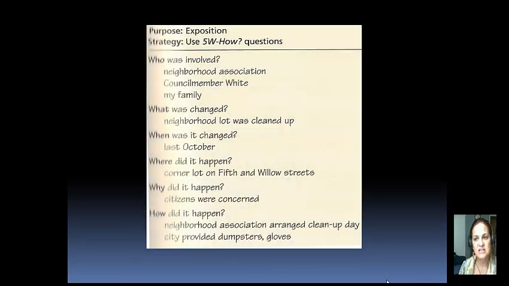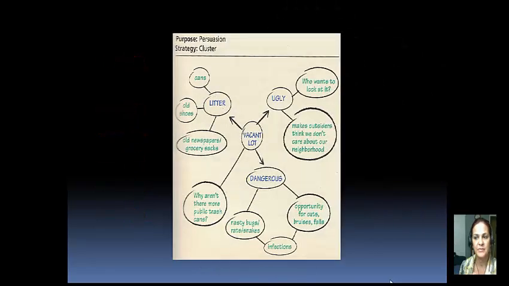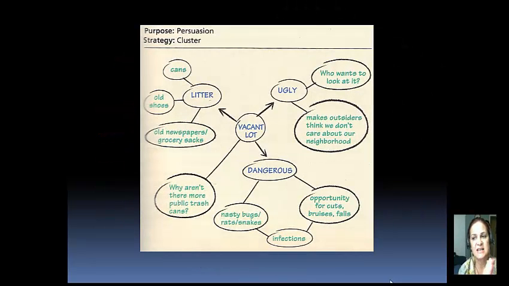The next strategy is the 5 W's and how strategy. So you ask questions for who, what, when, why, where, and how. The third strategy is a cluster strategy, and this one you're probably most familiar with. Notice in the middle we have vacant lot. The three main points related to the vacant lot are the litter, how dangerous it is, and how ugly it is.